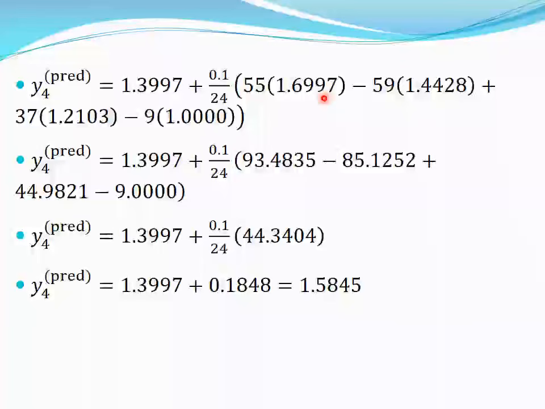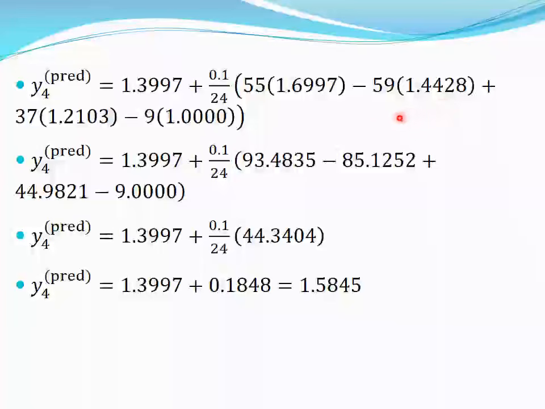Minus 59 multiplied by 1.4428, then we get 85.1252. Now the plus sign is given, then we multiply 37 with these values, and minus 9 also multiplies these values. Then you can see we add all the values.